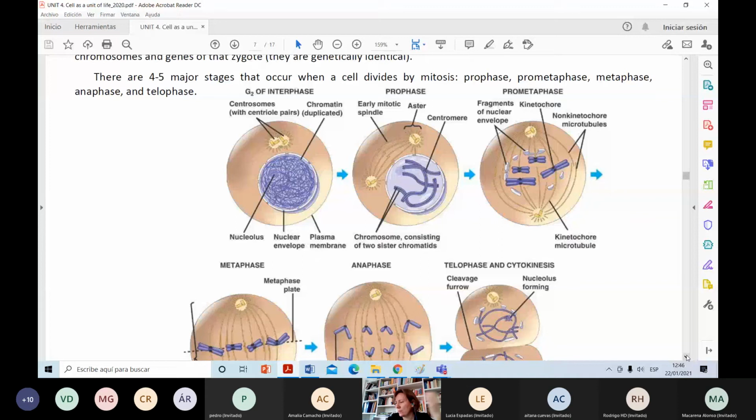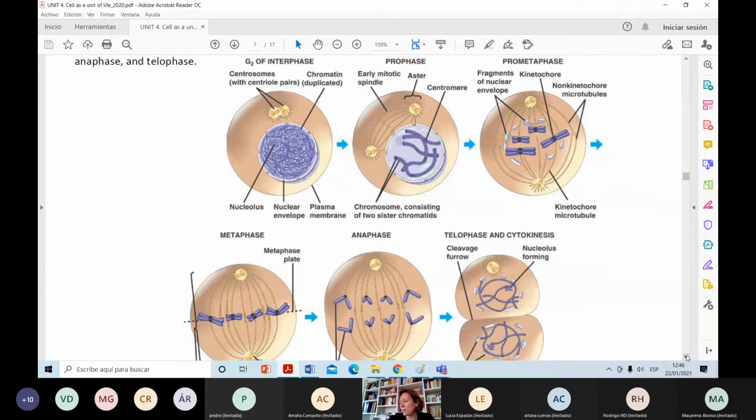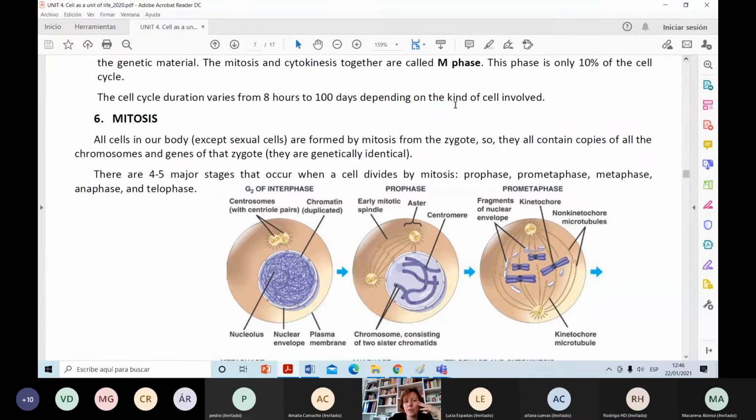You've got prophase, metaphase, anaphase, and telophase, and what's going on in each one. And it's not bad. You've got all the important information. So if you like this page number 37, you can use it in order to understand all the phases in mitosis.